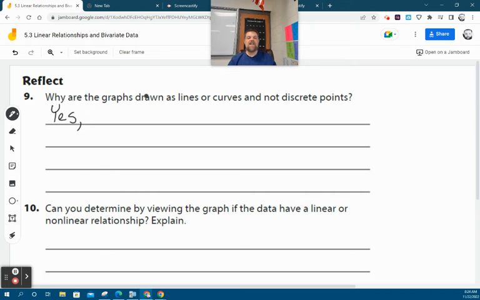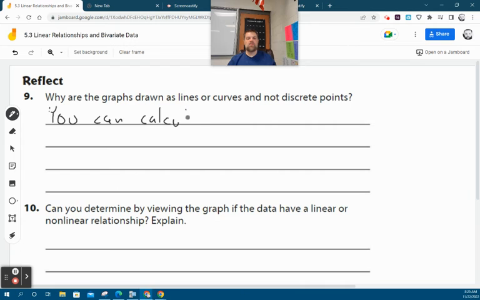Anyways, why are the graphs drawn as lines or curves and not discrete points? It's not a yes or no question. Oh, I'm sorry, I put the wrong answer, because I wrote yes instead of you can calculate.